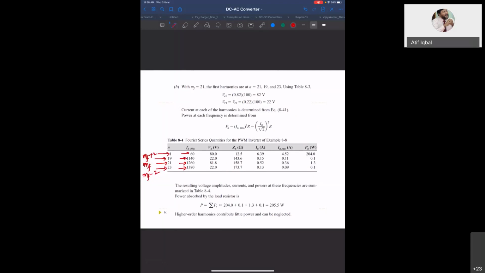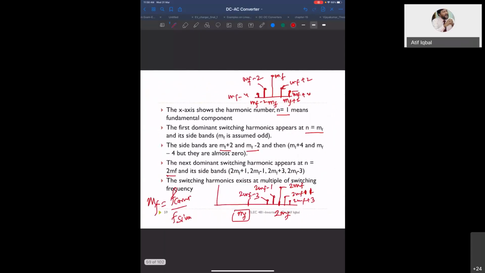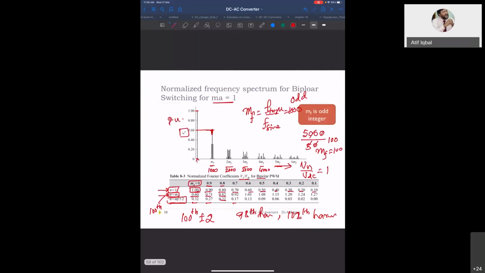What will be Vn? The first harmonic is at 21, 19, 23. How do we get the magnitude of V21?